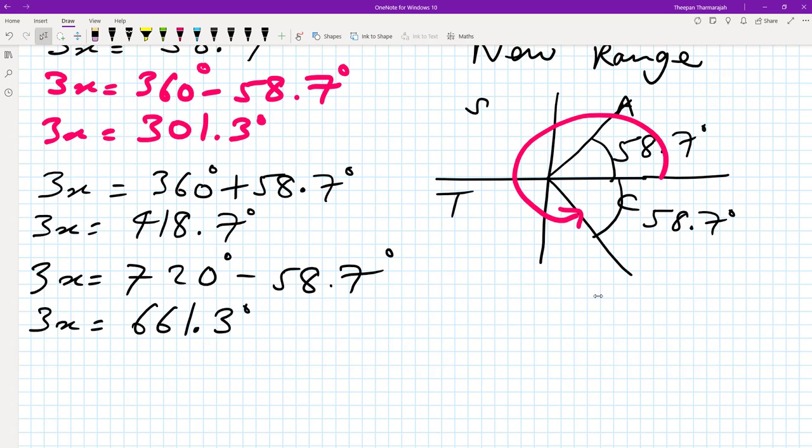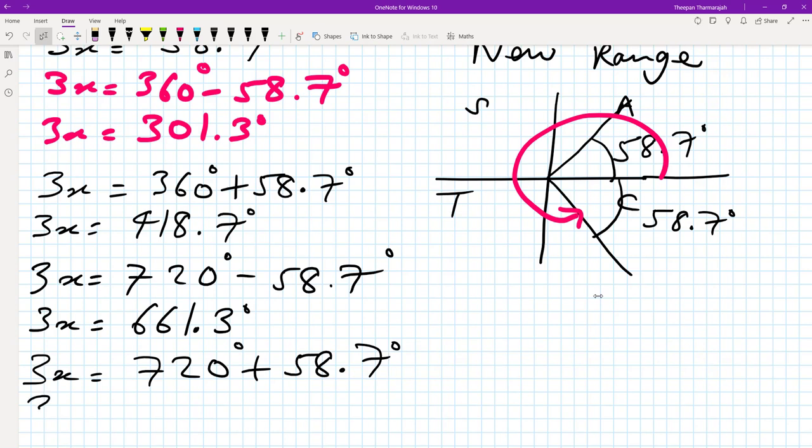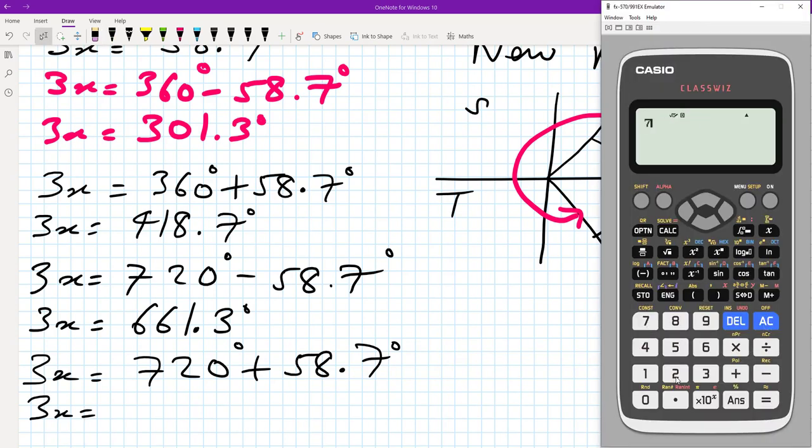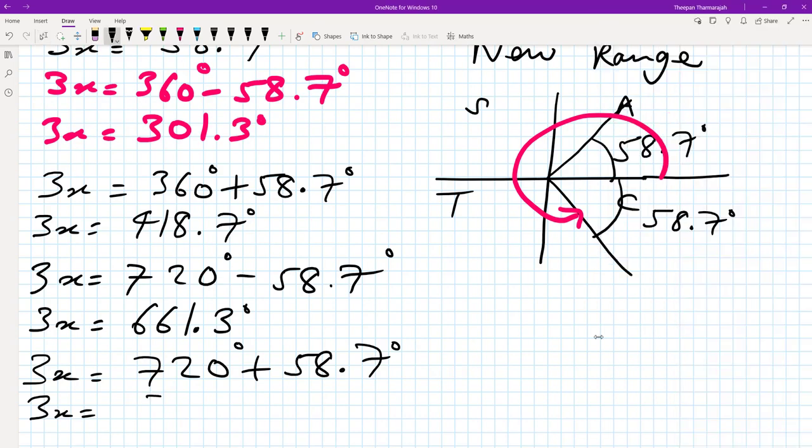Then we're going to do 720 plus 58.7. We can work that out here. So it's 720 plus 58.7, which gives me 778.7 degrees.